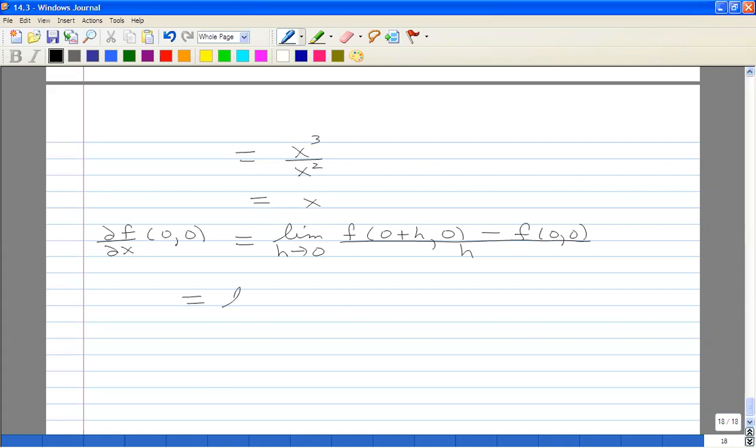So this is equal to the limit as h approaches 0 of plug in (h, 0). So you get f(h, 0) minus f(0, 0) over h.